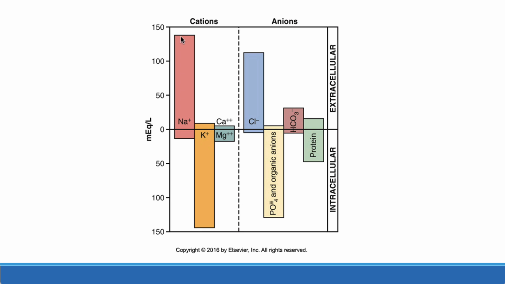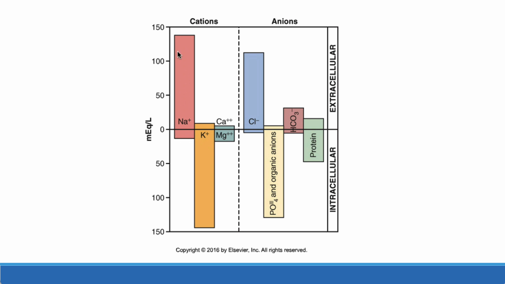Look how much of it is outside the cell, like 135 to 145 milliequivalents per liter. Look how much potassium is inside the cell, like 145, 140 milliequivalents per liter. See, these are exact opposite, aren't they? So the sodium level in the bloodstream is pretty high.